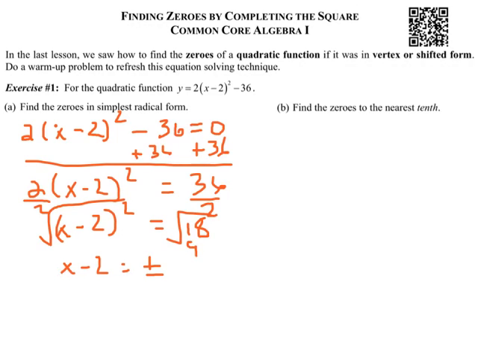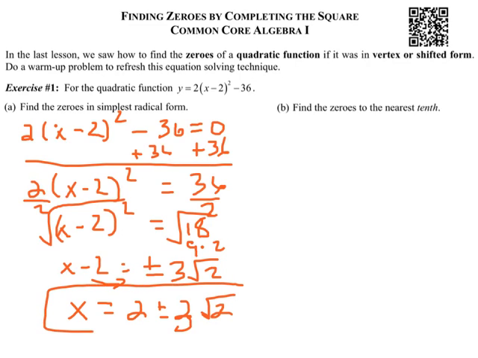Remember 18, the biggest perfect square is 9 times 2. So the square root of 9 is 3, radical 2. And finally we will get x equals, bring the 2 to the other side, you get positive 2 plus or minus 3 radical 2. Okay? That is your answer.